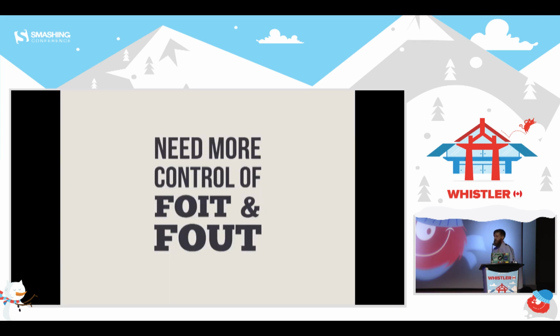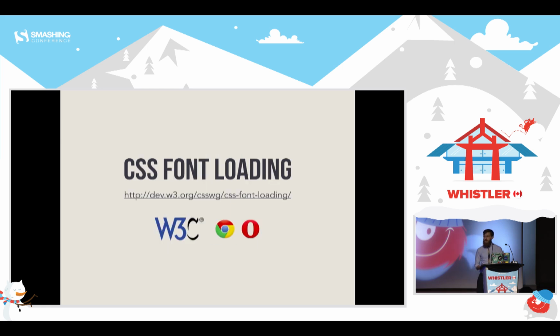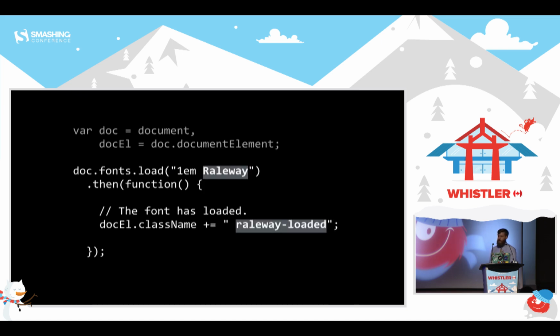So our real problem is that we need more control of our flash of invisible text and flash of unstyled text. One of the great APIs for this that's currently available is a JavaScript API, which is very confusing because it's called the CSS font loading API. I know. But it's currently supported in Chrome and Opera. And the syntax kind of looks like this.